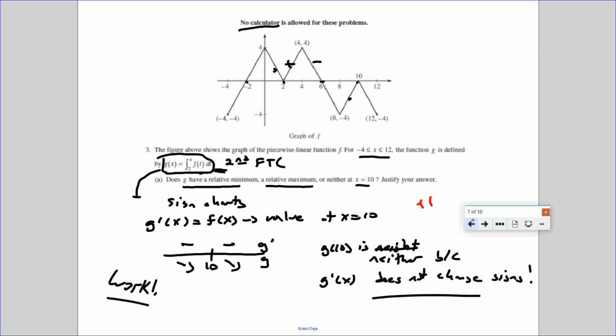Going back and looking at the area, this area down over here is 2 wide, 4 down, so it has an area of -4. From -2 to 2, that's a 4 by 4 triangle, so that has an area of +8. Same thing here, 8. This area would be -8, and this area would be -4. Remember, these are negative because they're below the x-axis.